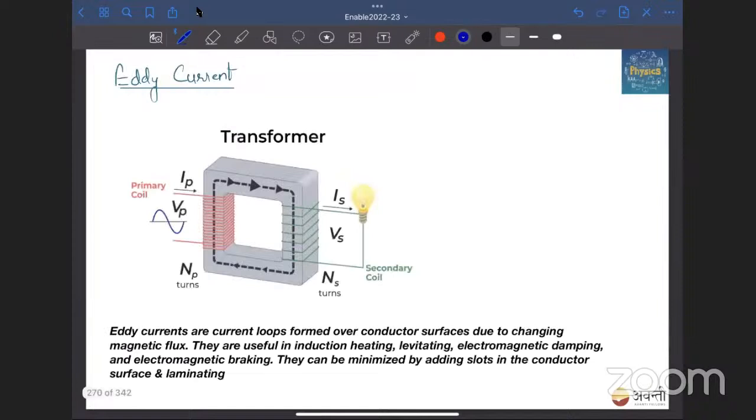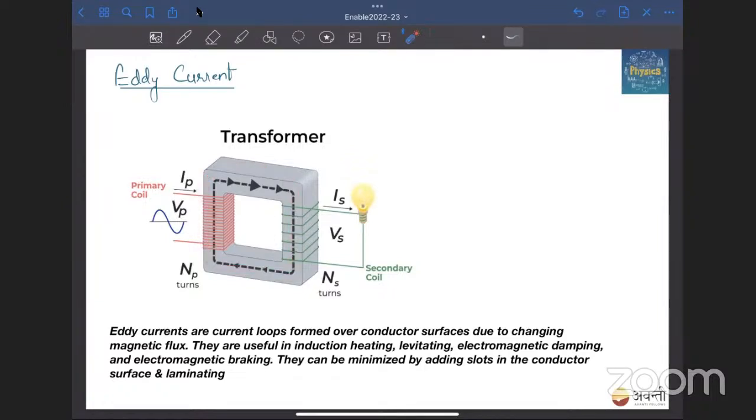Let me explain quickly eddy currents. What are eddy currents? Whenever flux is induced in this iron core, this is called core, iron core on which the turns are there, or this coil is wound, this change in magnetic flux will also induce current in this iron core.